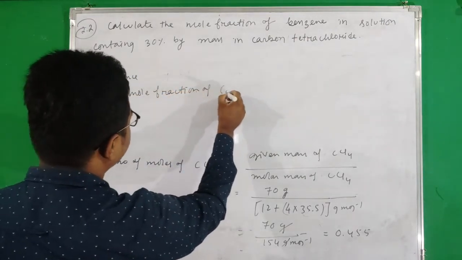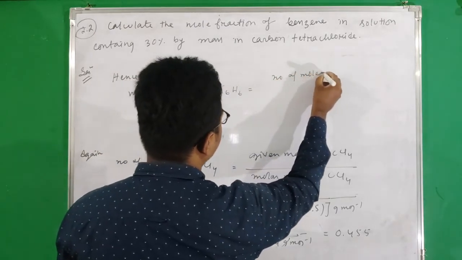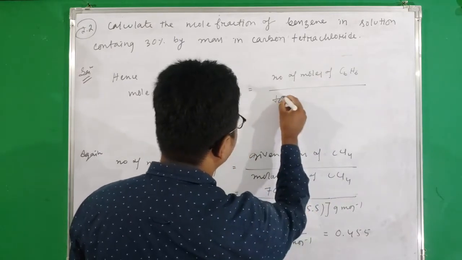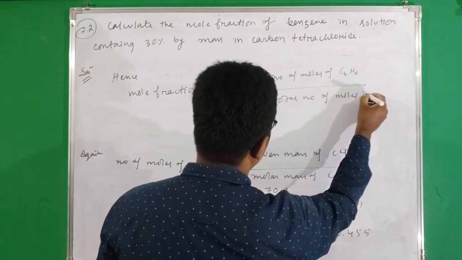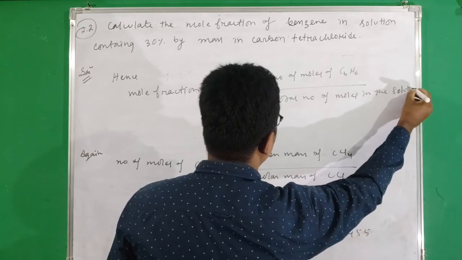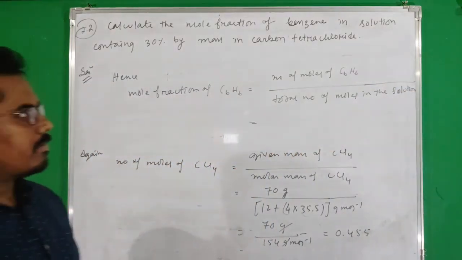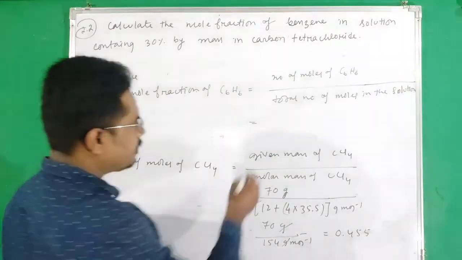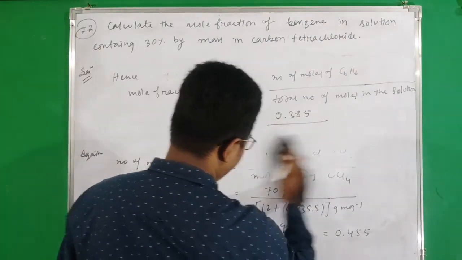Hence, mole fraction of benzene equal to number of moles of benzene divided by total number of moles in the solution. We already determined the number of moles of benzene is 0.385. 0.385 divided by total number of moles.